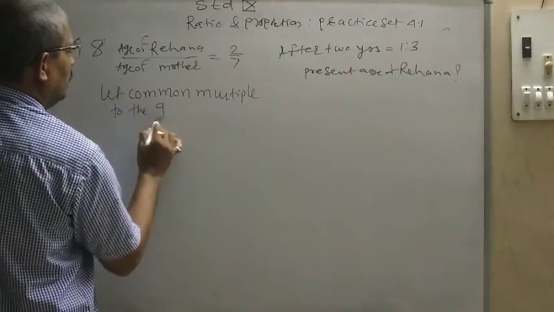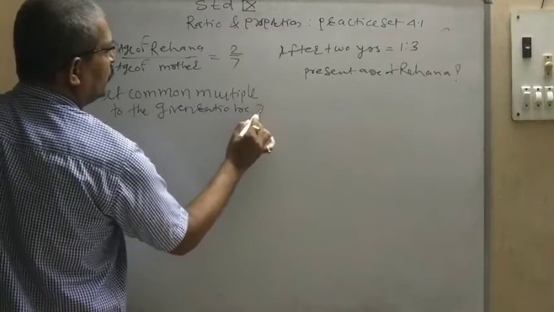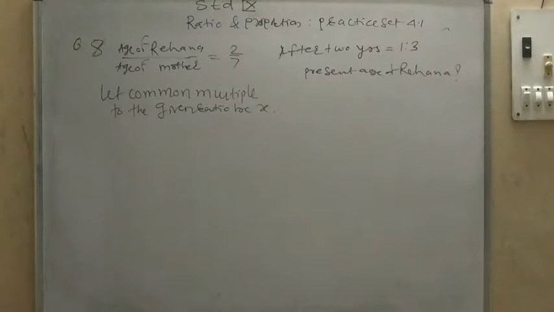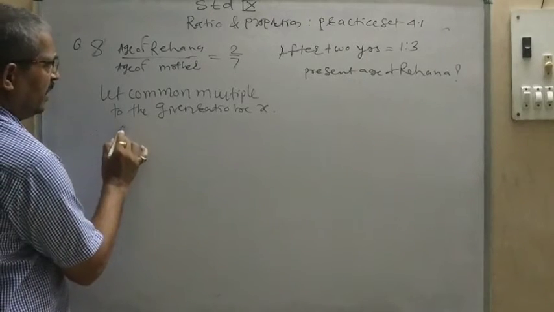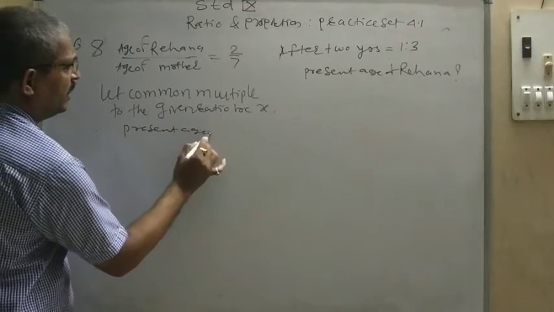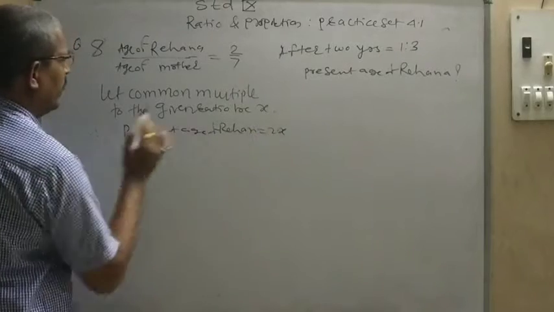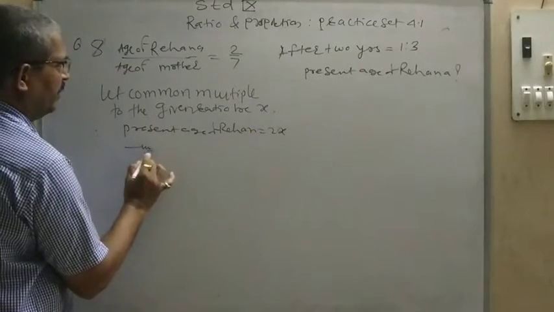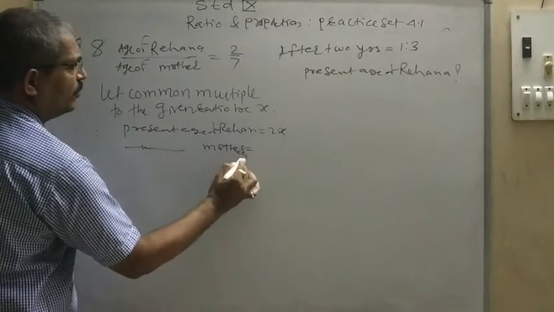Therefore, present age of Rehana is equal to 2x. Present age of her mother is equal to 7x.